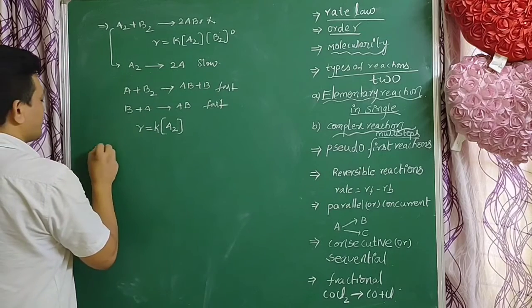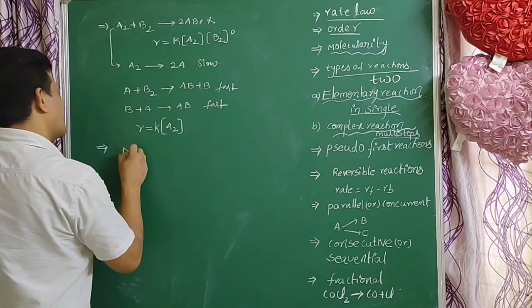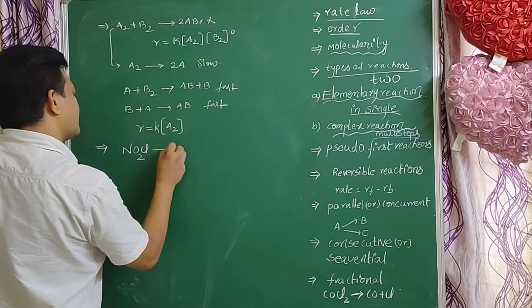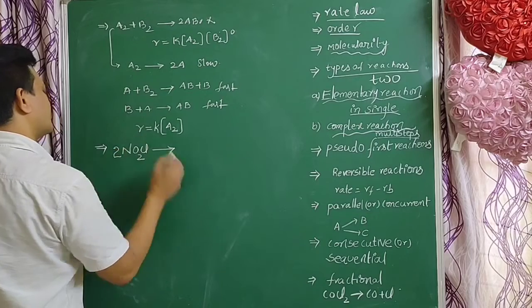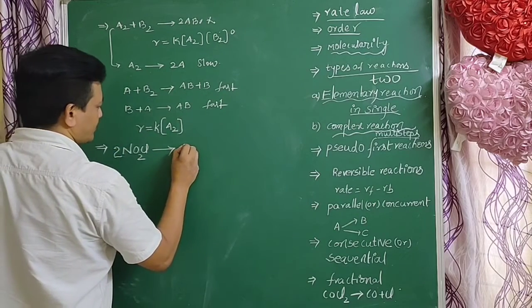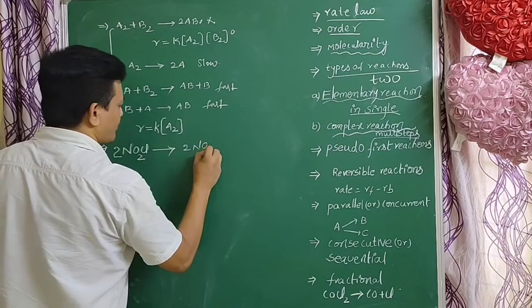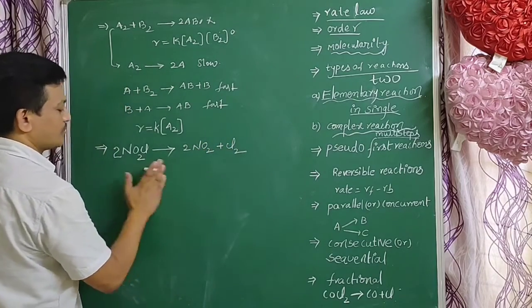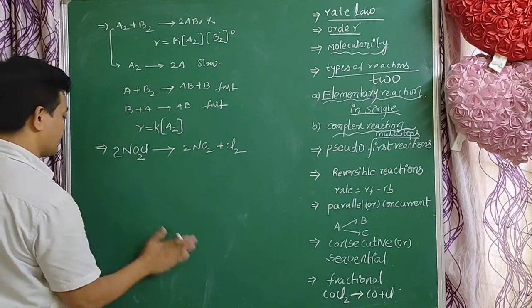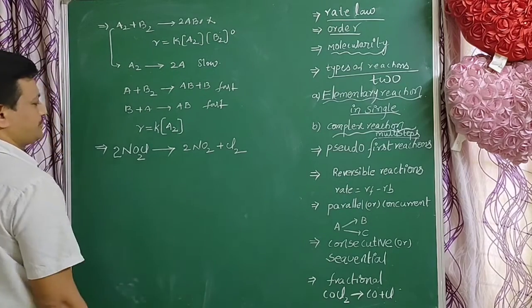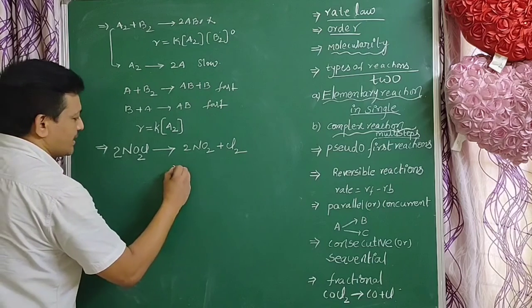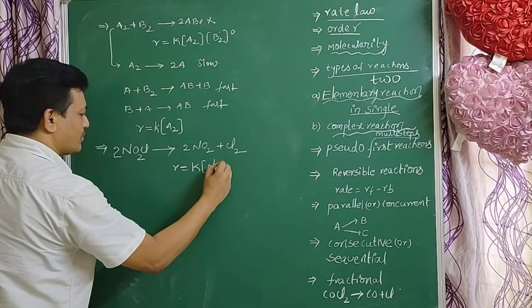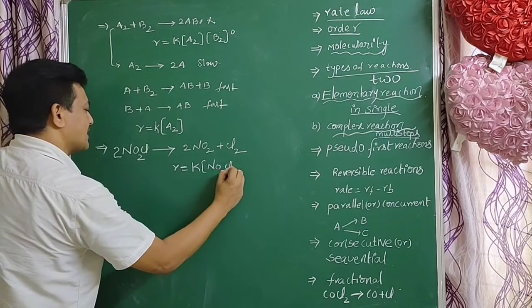So next, one more example. 2NO2Cl decomposes to 2NO2 plus Cl2. This is very, very important. Here rate equal to K into NO2Cl.